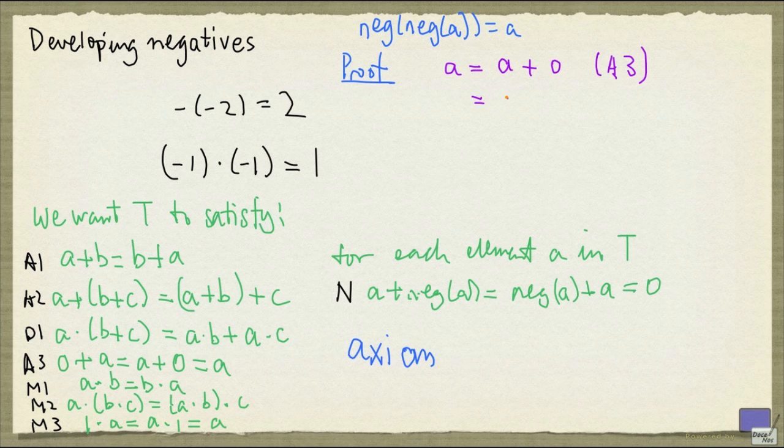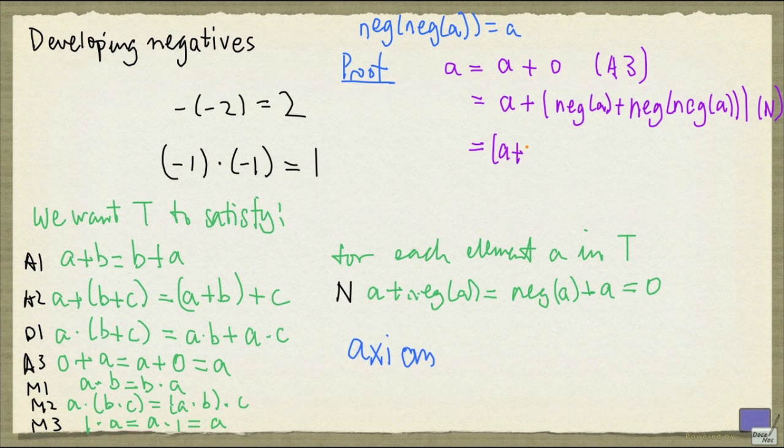Now, 0 can be written as the negation of A plus the negation of the negation of A. That's because of the negation rule, because the negation of A is an element in T. And the rule says if you take an element and its negation, add them, you get 0. So this whole thing here is 0. Now, I can rewrite this as A plus the negation of A, and then add the negation of the negation of A.